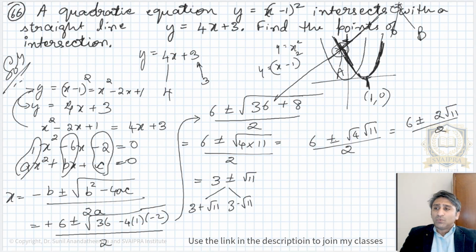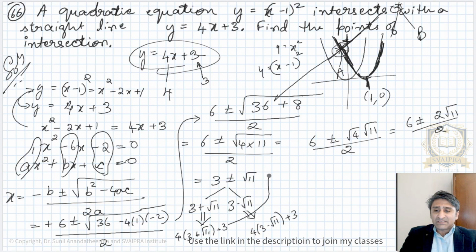What I haven't done yet is find the corresponding y values. The easier equation of the two is the straight line, so I'll substitute the values of x into it to get the values of y. That is 4x plus 3: 4 times (3 plus root 11) plus 3, and 4 times (3 minus root 11) plus 3.